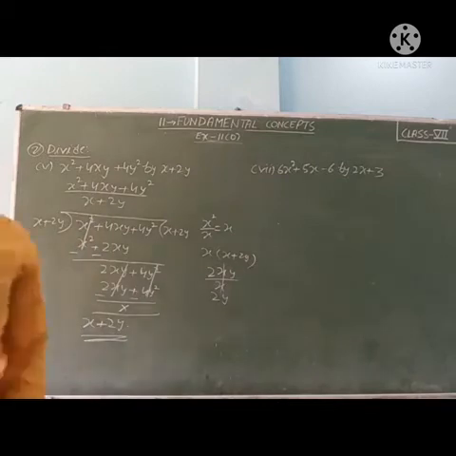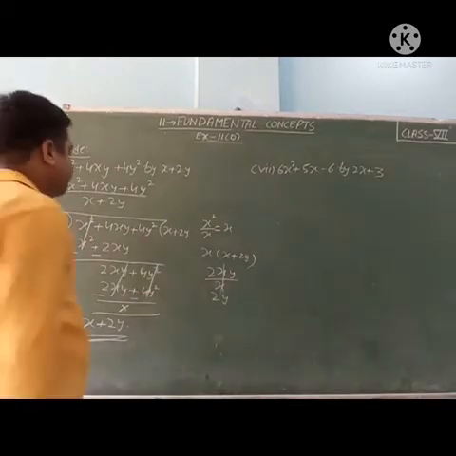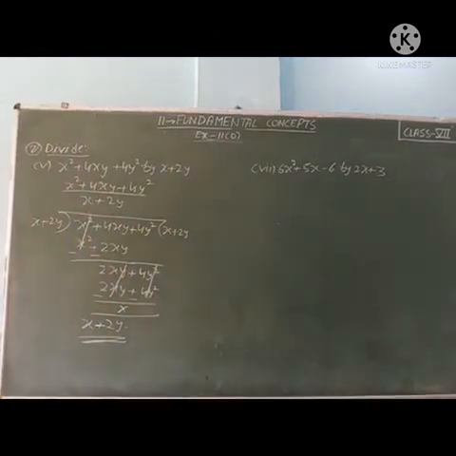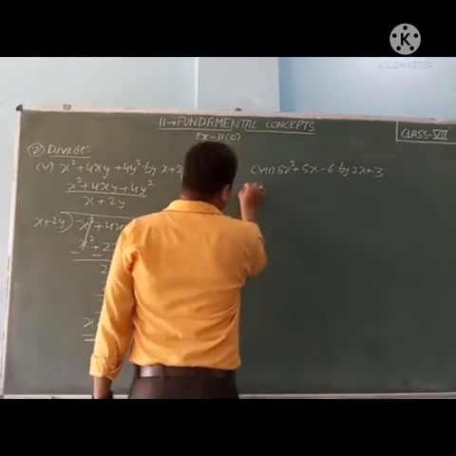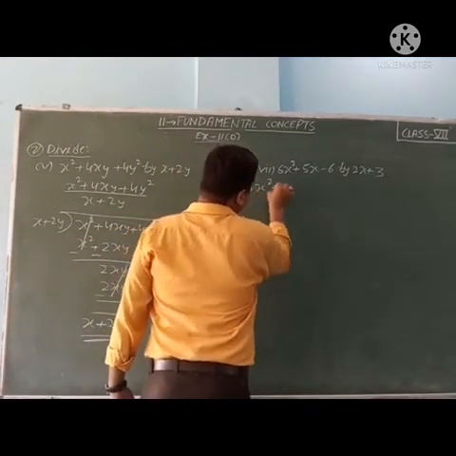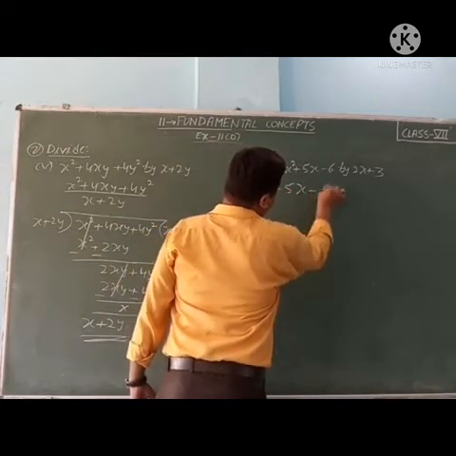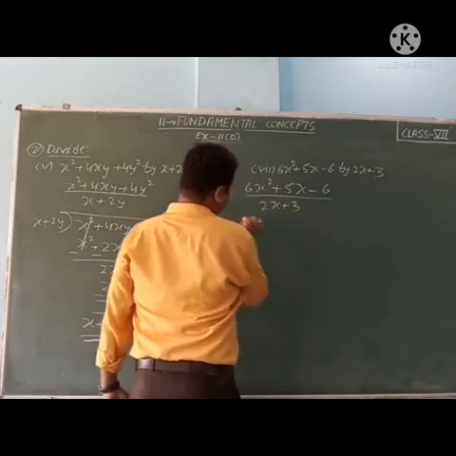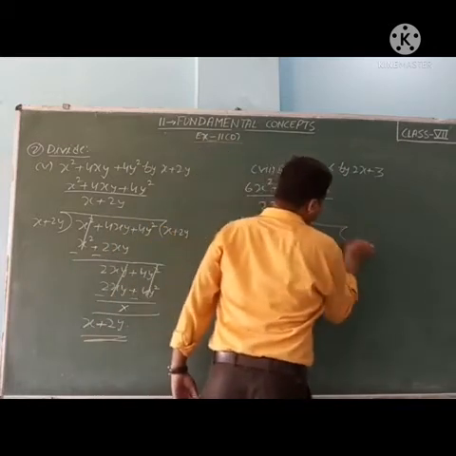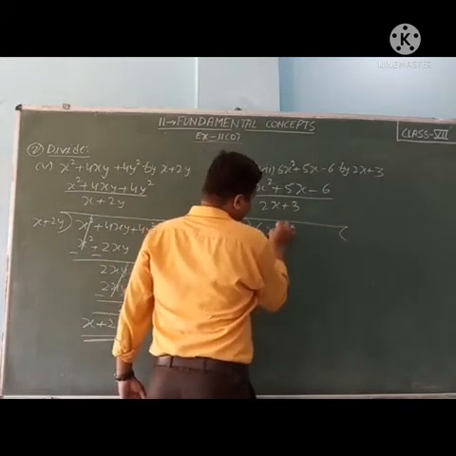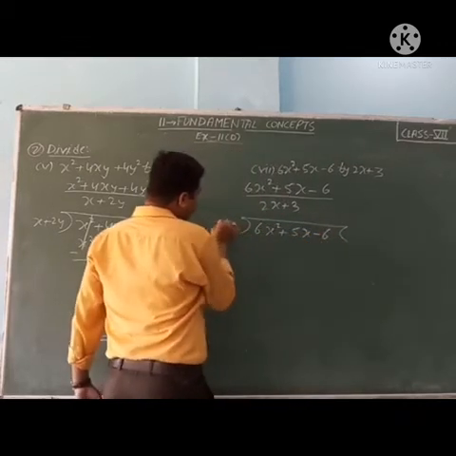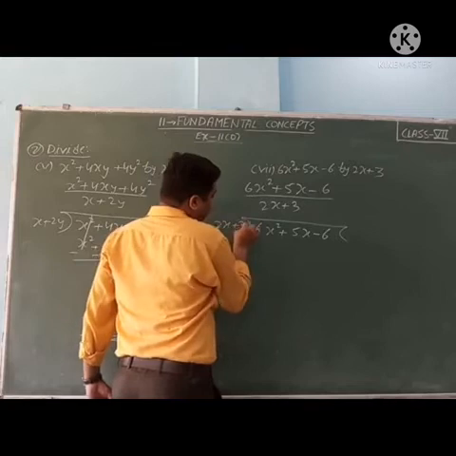Now student, we will do seventh sum. Six x square plus 5x minus 6 upon 2x plus 3. So we will write like this: 6x square plus 5x minus 6 upon 2x plus 3.